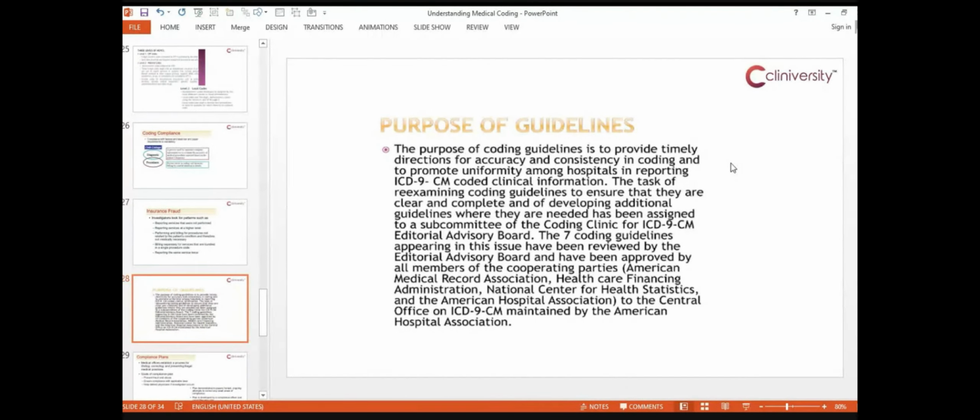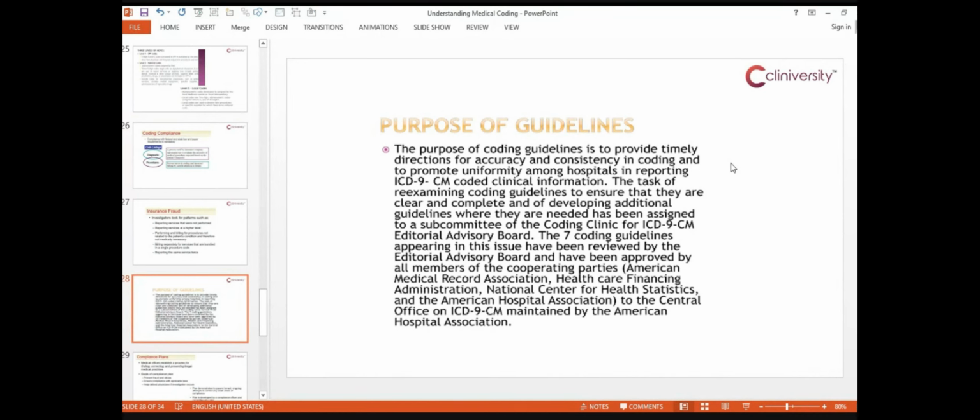The task of re-examining coding guidelines to ensure that they are clear and complete, and of developing additional guidelines where needed, has been assigned to a subcommittee of the Coding Clinic for ICD-9-CM Editorial Advisory Board.